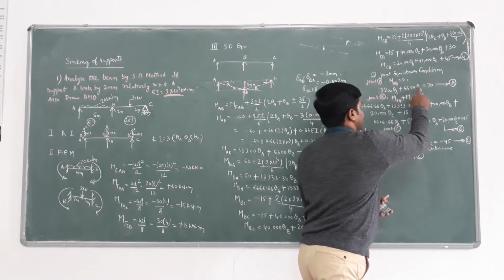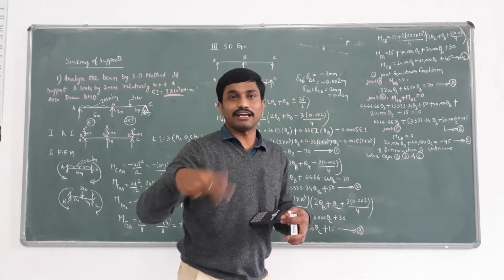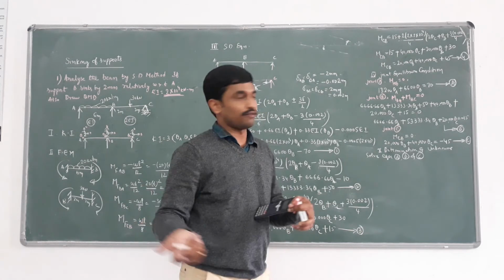First I am taking theta A, theta B, theta C in the form ax square plus bx plus c equals 0. So we have to substitute the values.